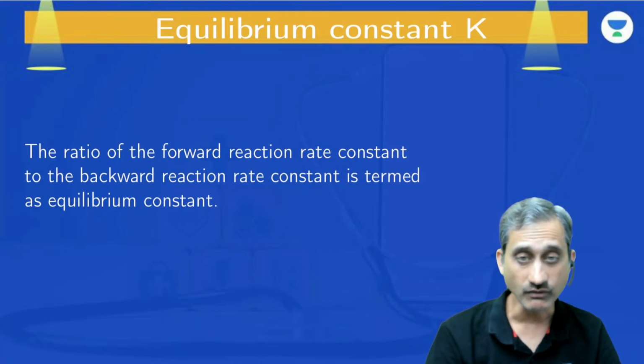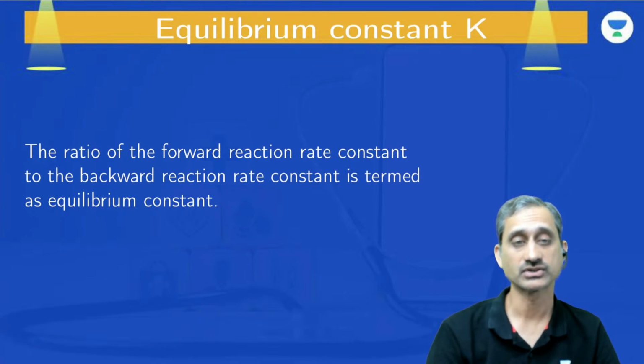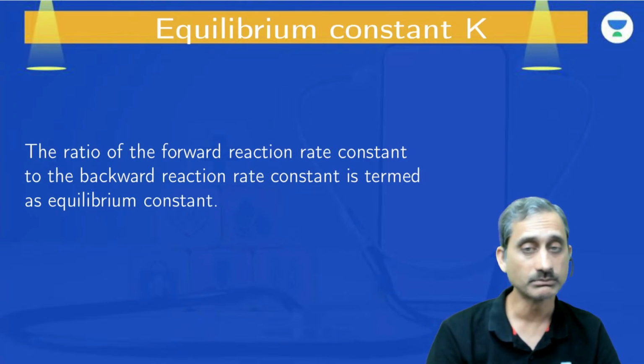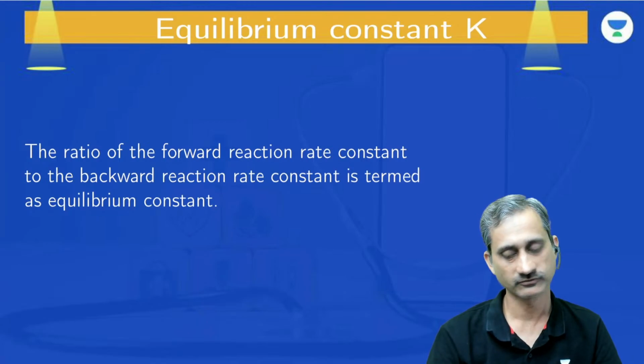What is the ratio of the forward reaction rate constant to the backward reaction rate constant? It's termed as the equilibrium constant. Fine.